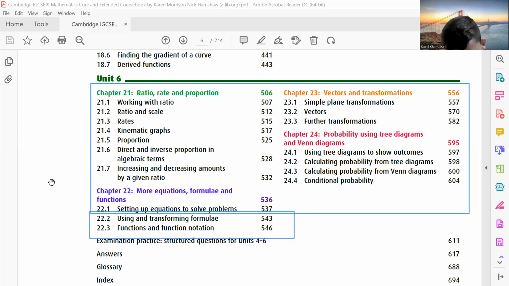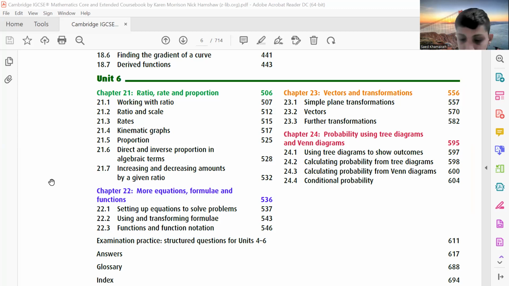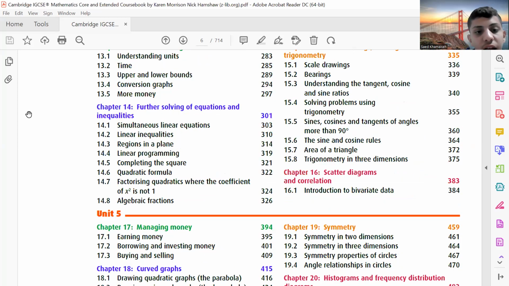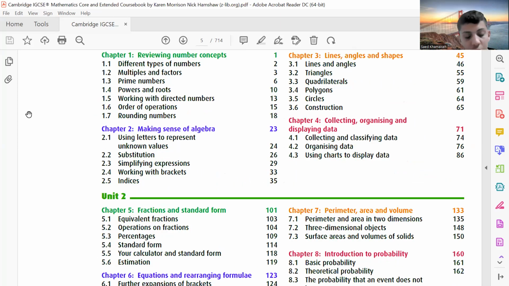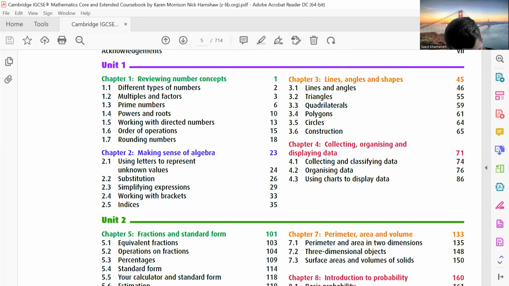But no problem for us for now, as we will not consider them for now. But now we will go to considering the first unit, first chapter, reviewing number concepts. Okay, now let us start with that.